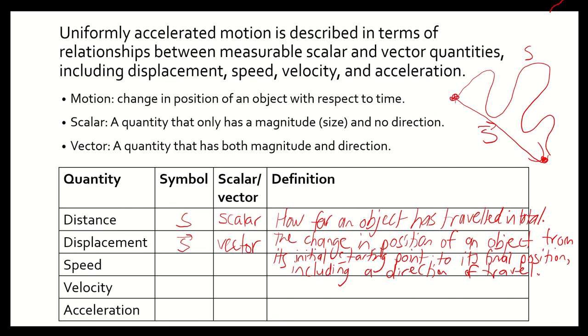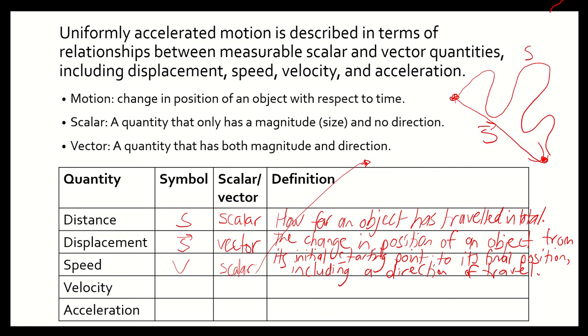Now speed, the symbol for speed is v, and it is only a scalar quantity. Now the definition I'm not going to write there, I might just write it up here.